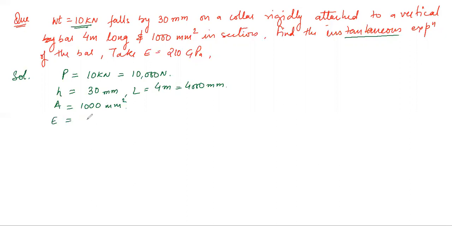E, that is the Young's modulus, is 210 GPa. It means 210 into 10 to the power 9 Newton per meter square, which is also 210 into 10 to the power 5 Newton per mm square.